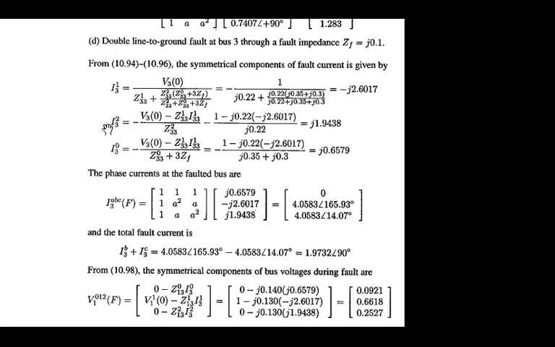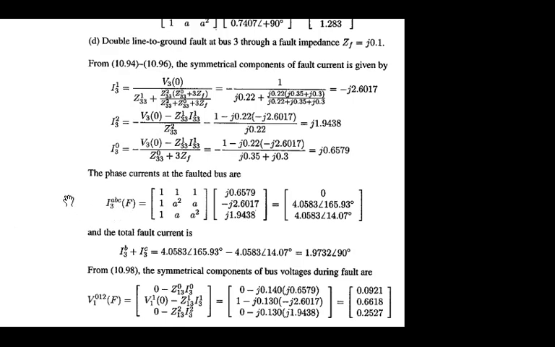So you can find I32, I30; these equations are also there. For the double line to ground fault, be careful about that equation part. Otherwise, the concept will be the same. Phase currents I3 ABC are already considered, I3 1, 0, 2, these three in terms of 0, 1, 2, and this is shifted to ABC.